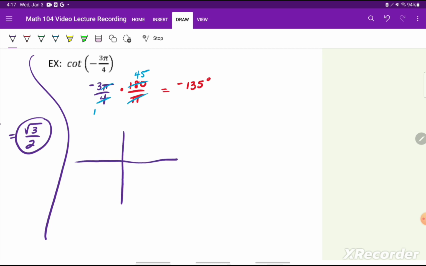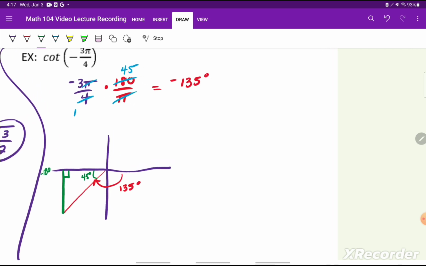So since our angle is negative, remember we start on that positive x-axis and then rotate clockwise 135 degrees. So we're going to be over here. We're going to drop a perpendicular to the x-axis and then identify our reference angle. This would be negative 180, so 180 minus 135 gives us a reference angle of 45 degrees.